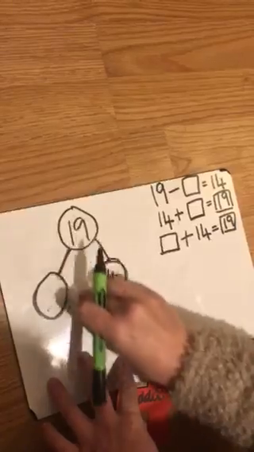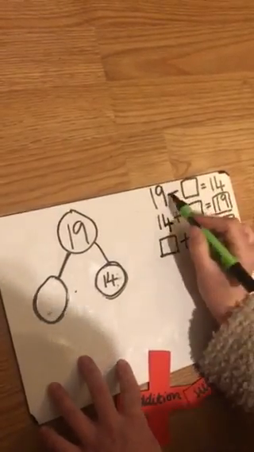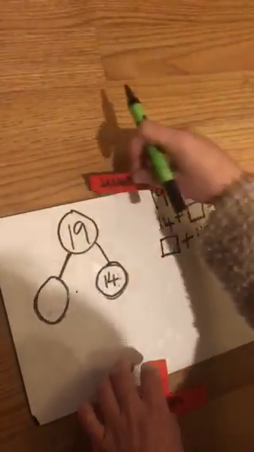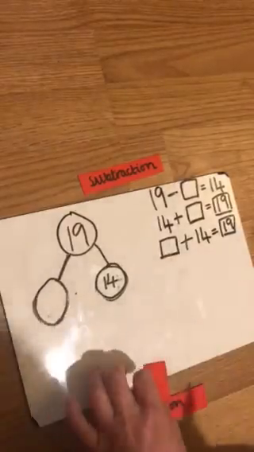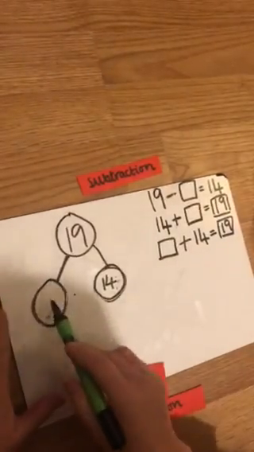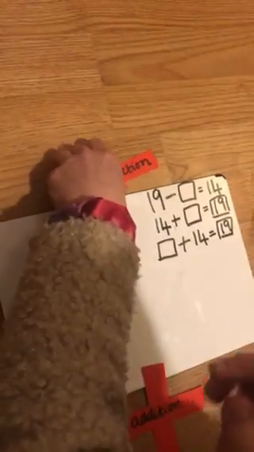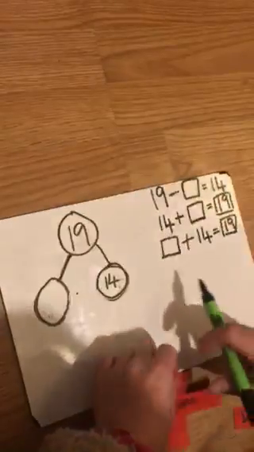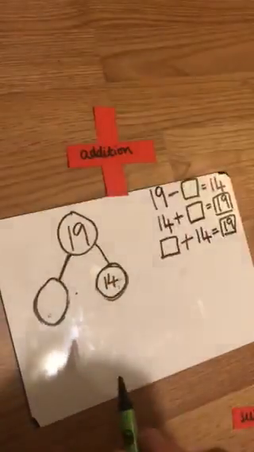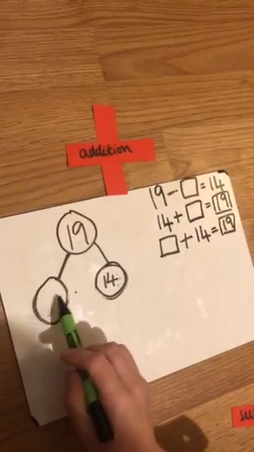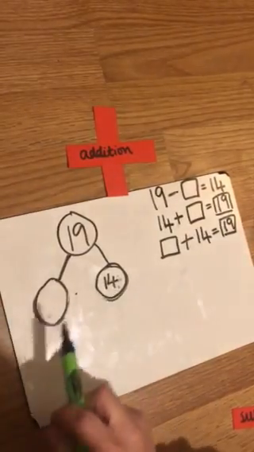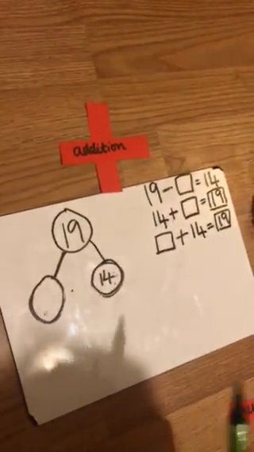So if we were working on our first number sentence, which is our subtraction number sentence, we would need to work out what was in the box here. But if we changed our subtraction to an addition sentence, we would still be working out what this box was in here, but we would be starting with our number 14.